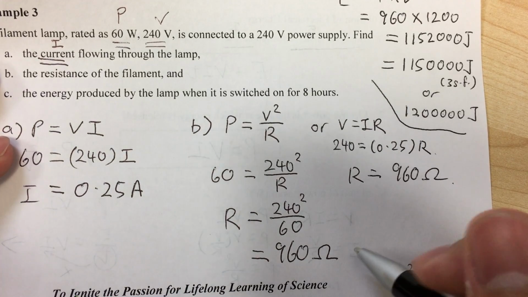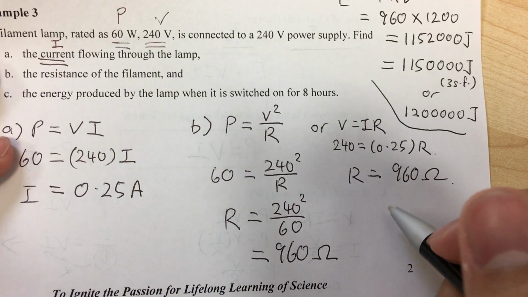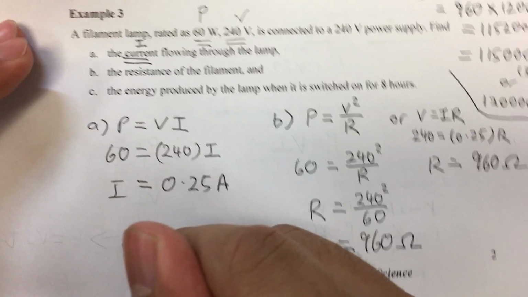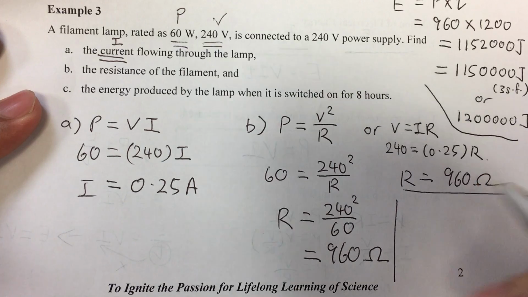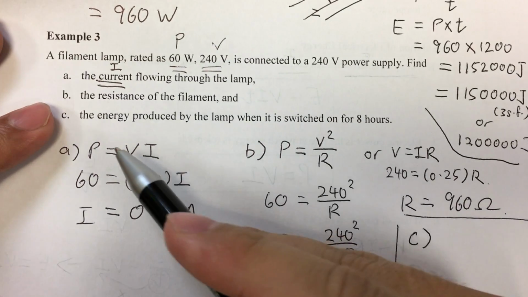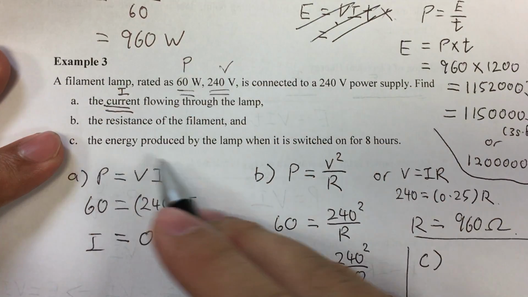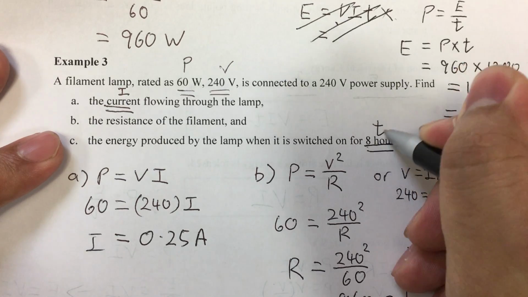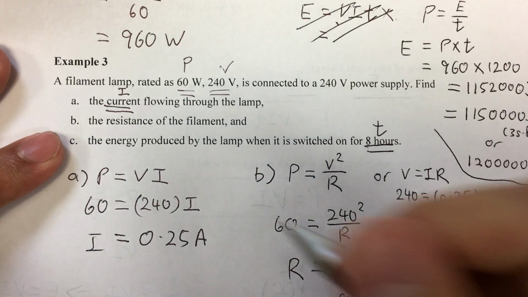So you have to be very confident of what you're doing. I've run out of space here, so I'm going to do part C at the bottom here. Part C. Let's look back at the question. The energy produced by the lamp when it's switched on for 8 hours. Take note, this is our time.